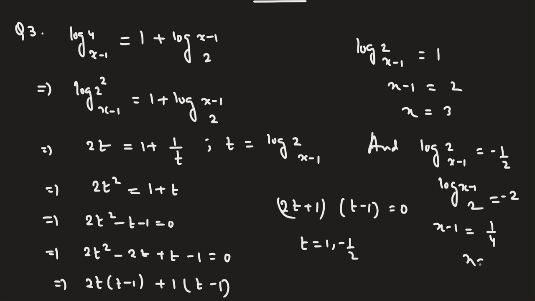So x is equal to 1 plus 1 by 4, that is 5 by 4. Now we have to check whether these values are defined or not. Yes, 3 minus 1 is 2, which is defined. So now our answer is x is equal to 3 and 5 by 4. Hope all of you understand this question.